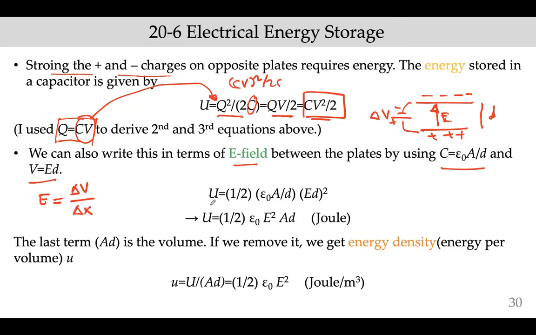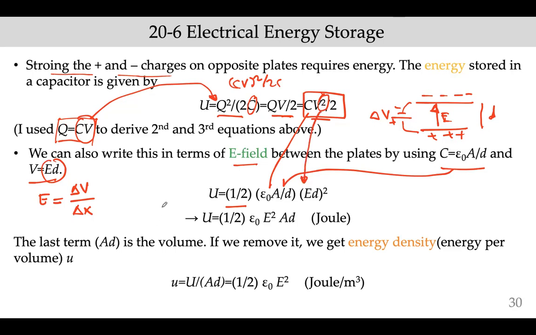So now we start with 1/2. Instead of C here, we will use this one. And instead of V, we will use E times D, electric field times D, but we have to take the square of it.